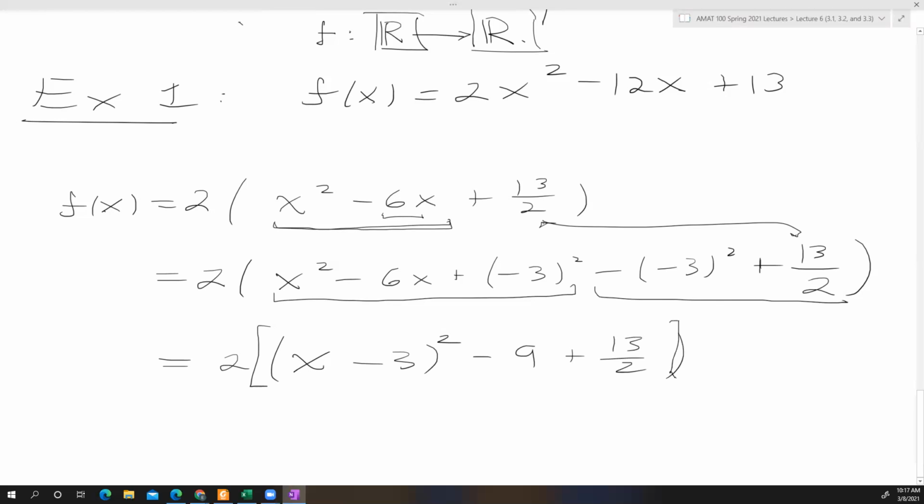And then we get this, and this will be 18 over 2, so this will be 5 over 2, maybe. Yes, okay. And then now we'll distribute the 2 back through.